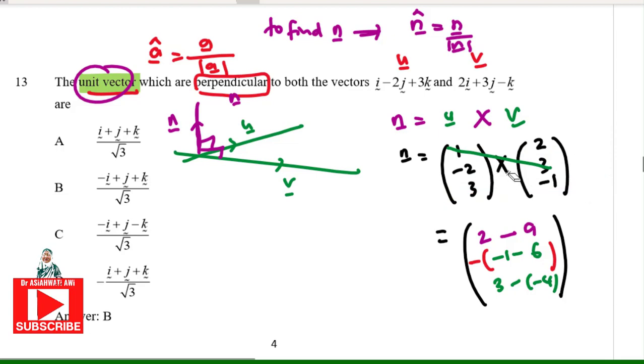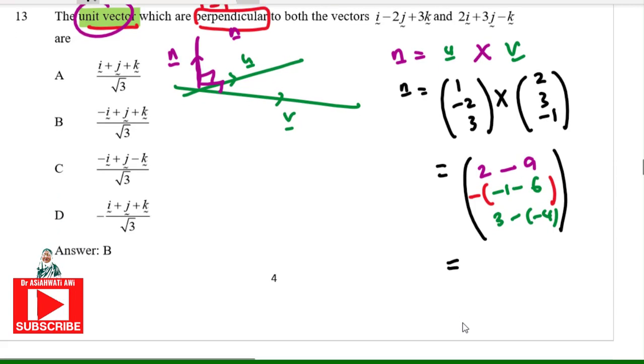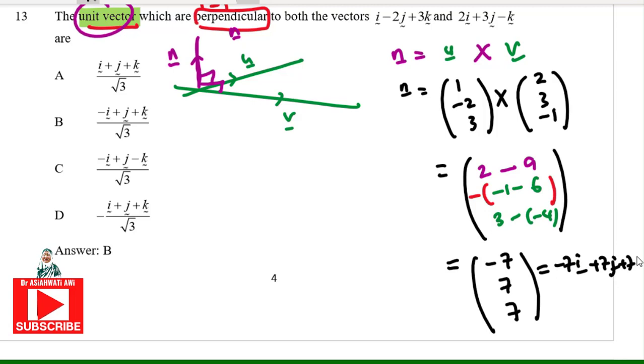Okay, simplify this one. 2 minus 9 is negative 7. Negative 7, negative 7, so this is 7. This is N: N equals negative 7i plus 7j plus 7k.